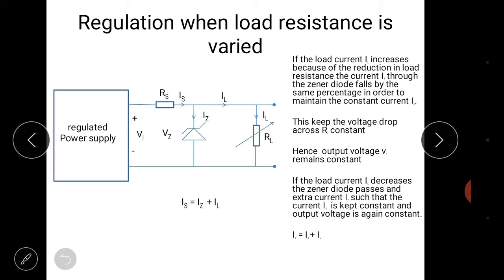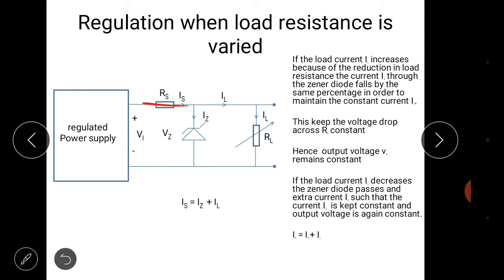The first case is regulation when load resistance is varied. If the load current IL increases because of the reduction in load resistance, the current Iz through the Zener diode falls by the same amount in order to maintain the constant current Is.